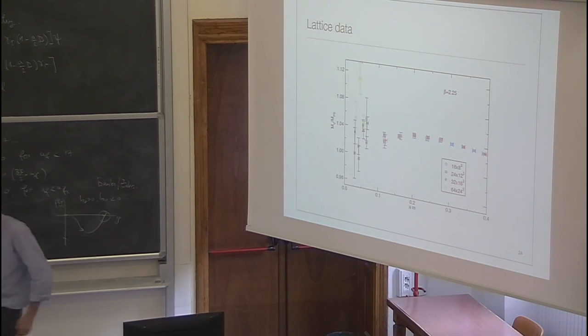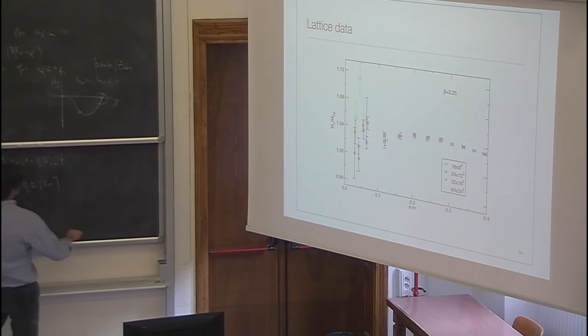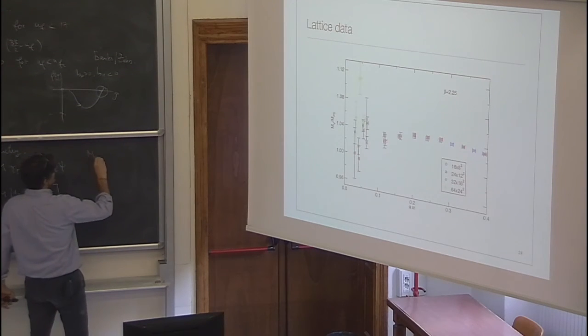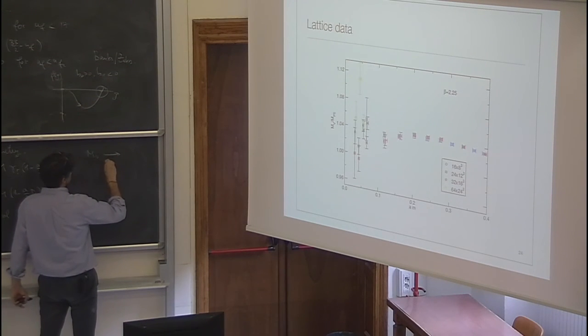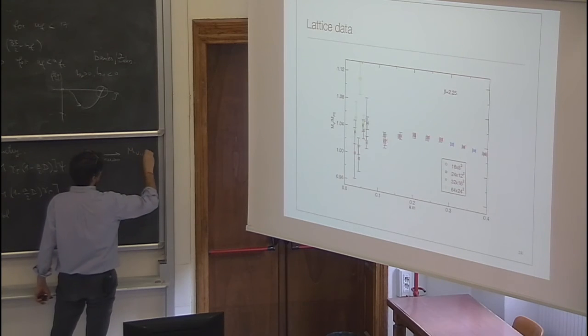In QCD, because again the spectrum is dictated by chiral symmetry, as you send the mass of the fermions to 0, the mass of the vector is going to go to a constant. Let's call it MV chiral.